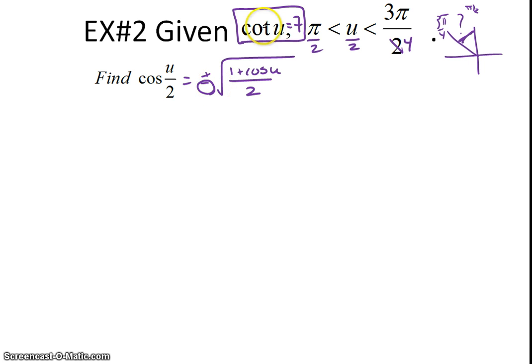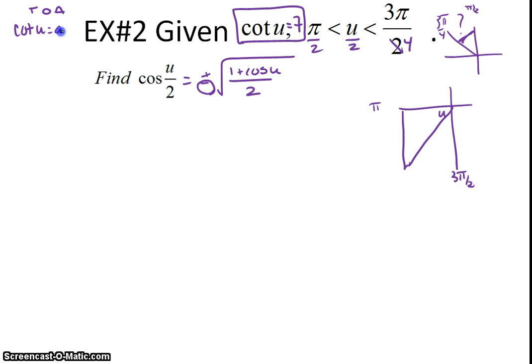Okay, so I know that cotangent of u is 7, and my u is between pi and 3 pi over 2, so I'm going to draw my triangle. Okay, so it's over here. This is my angle u over here, and cotangent is 7. And cotangent, remember, using SOHCAHTOA, tangent is opposite over adjacent, so my cotangent of u is adjacent over opposite.